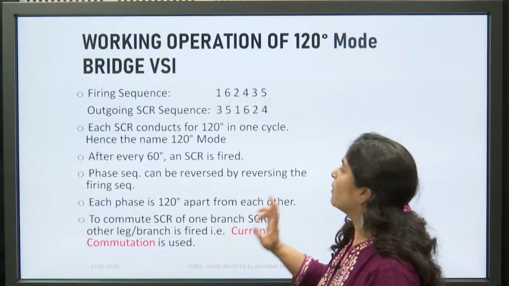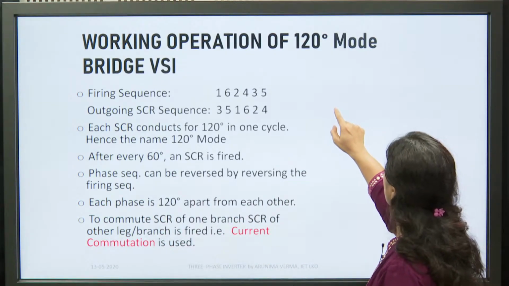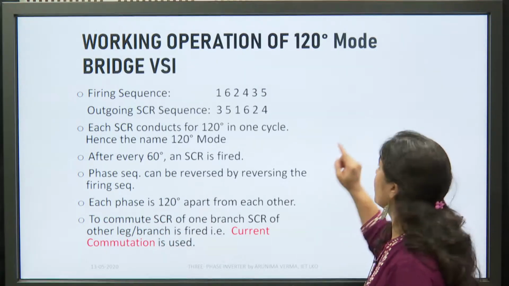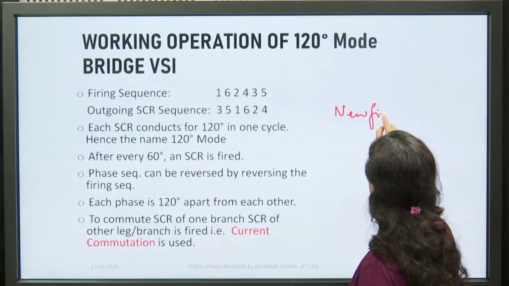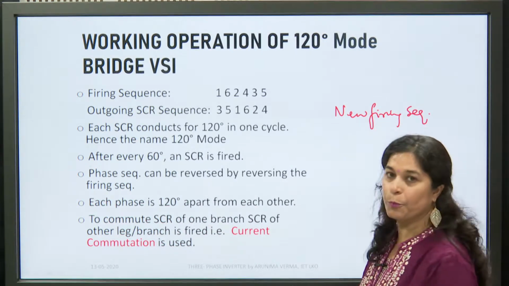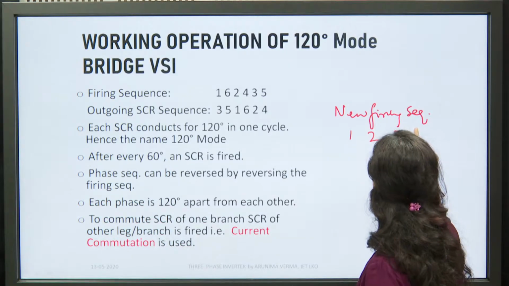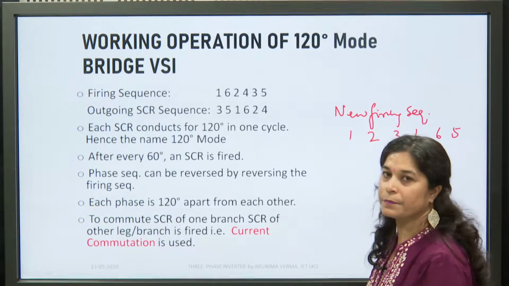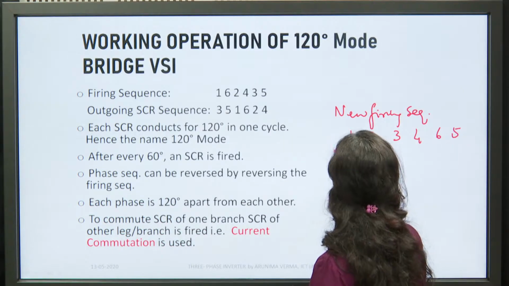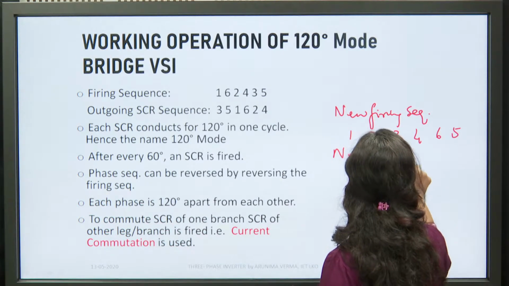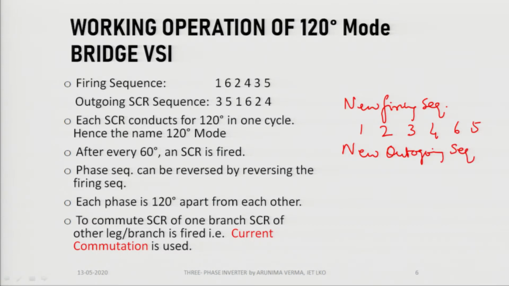Phase sequence can be reversed by reversing the firing sequence. For example, I have a firing sequence, as I already told you, 1 6 2 4 3 5. Now, if I put a new firing sequence as 1, 2, 3, 4, 6, 5, then the outgoing sequence will be changed.